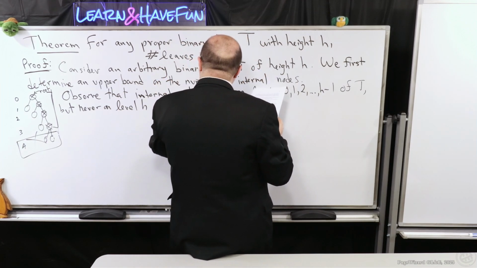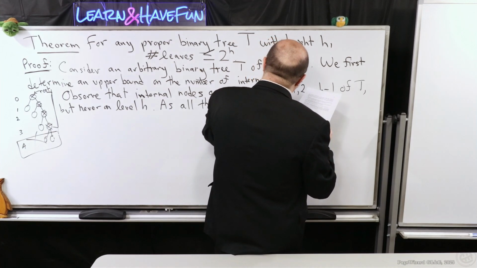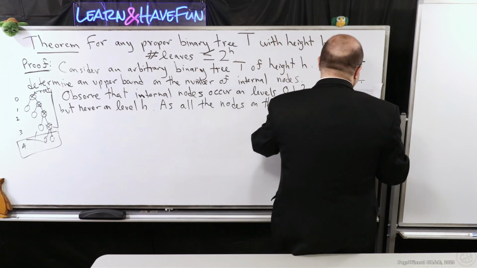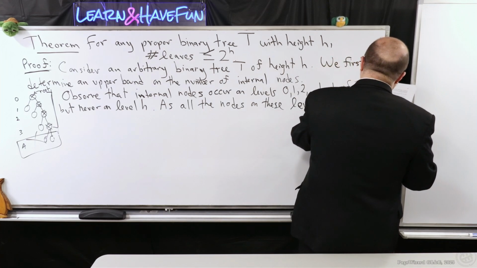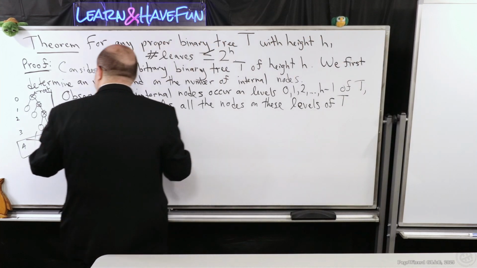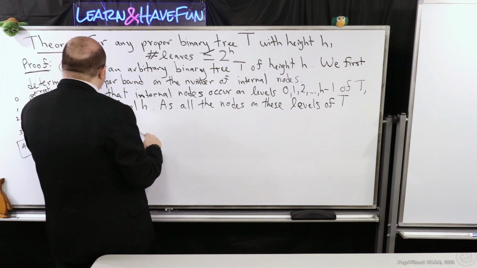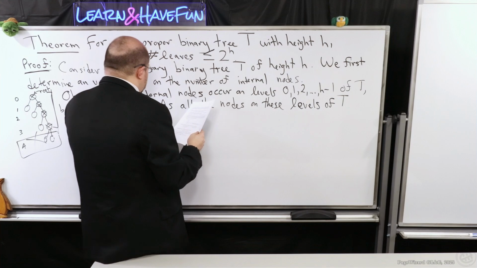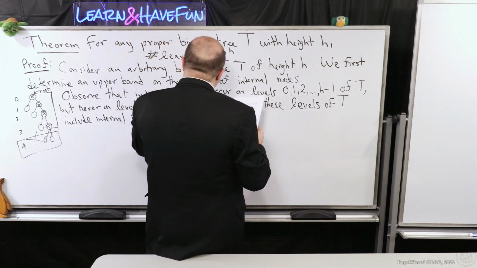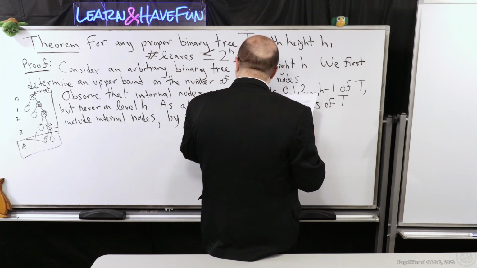As all the nodes on these levels of T include internal nodes, by a previous theorem. I haven't given it a name or anything. I'm just going to tell you what this lemma is.